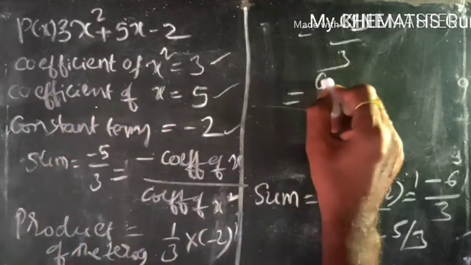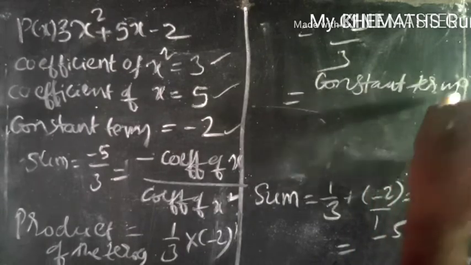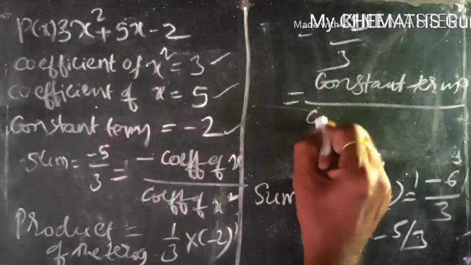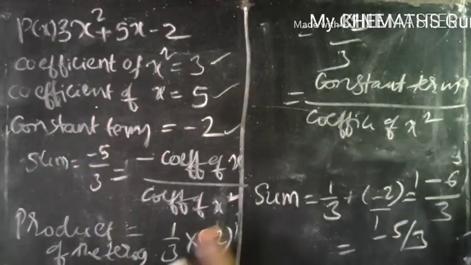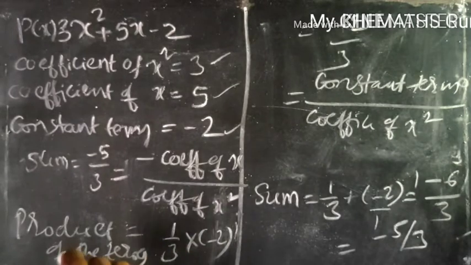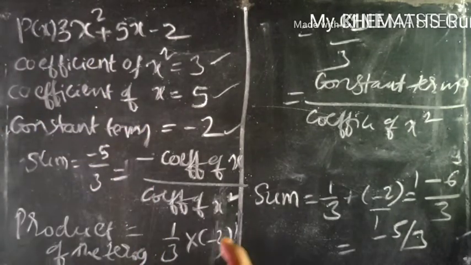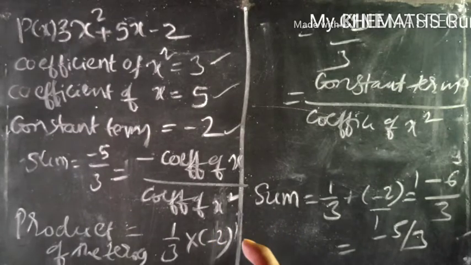So that is equal to the constant term by 3, again the coefficient of x square. So like this we can establish the relationship between zeros and coefficients of the polynomial. This is about the relationship between zeros and coefficients of a quadratic polynomial.